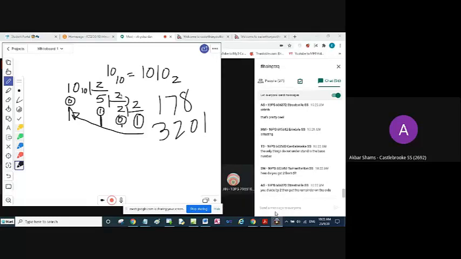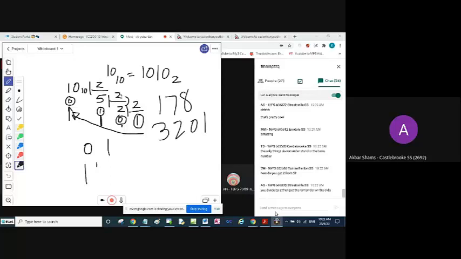Now, life is not always base 10. The computer doesn't work with base 10. It works with base 2. So the only digits available in the computer are 0 and 1, on or off. Now, you have to combine these zeros and ones and come up with different numbers.